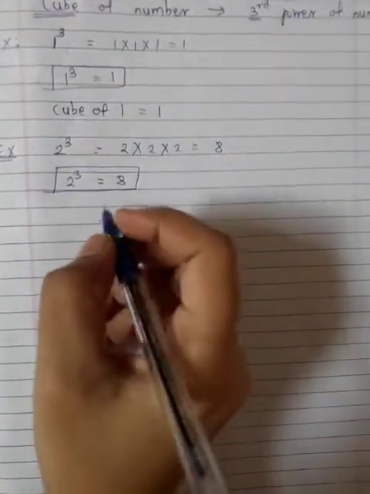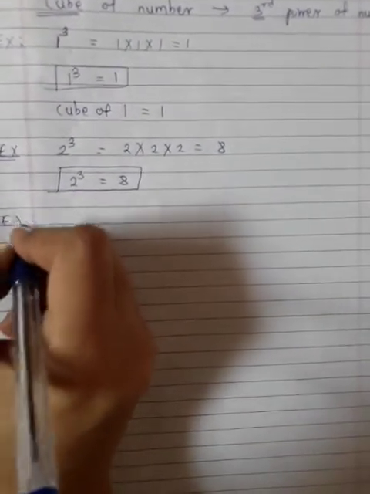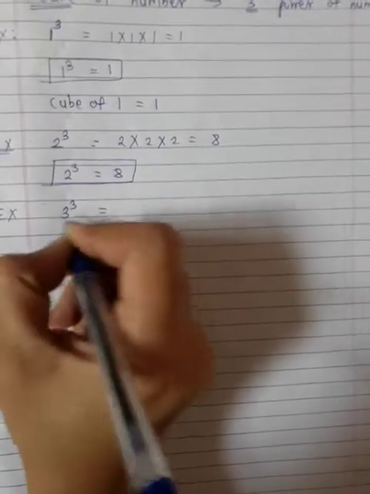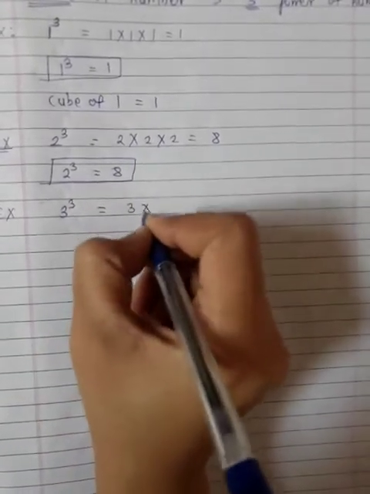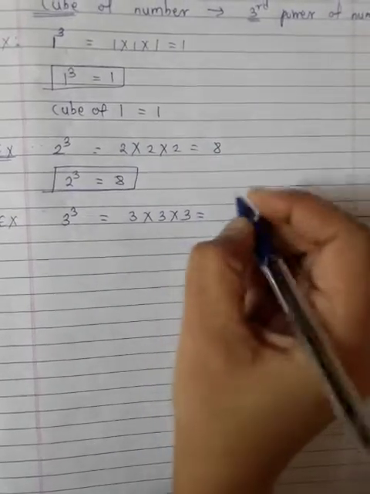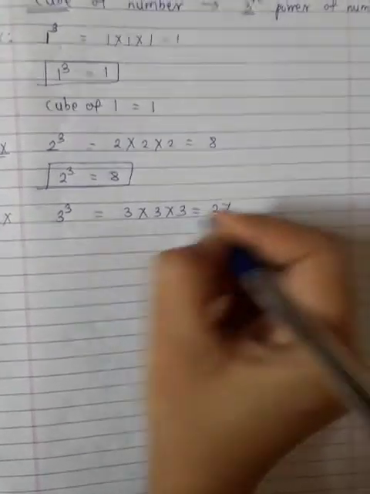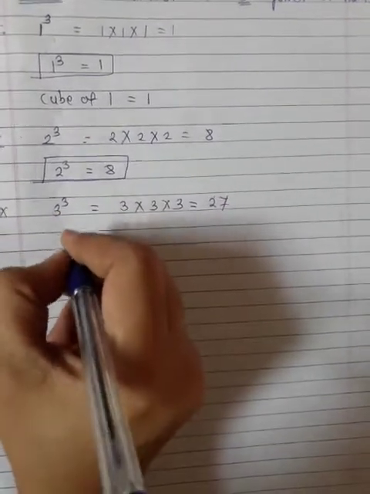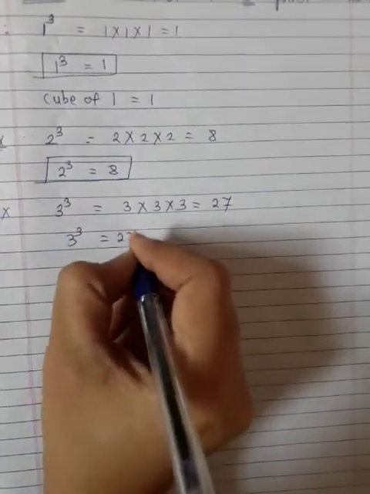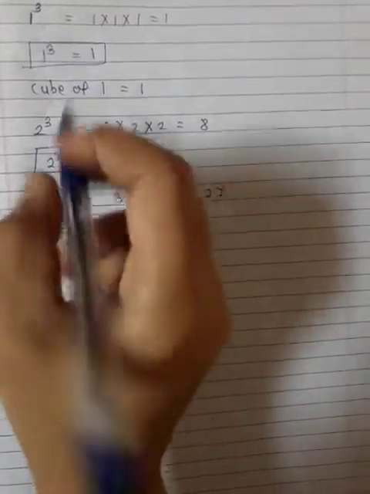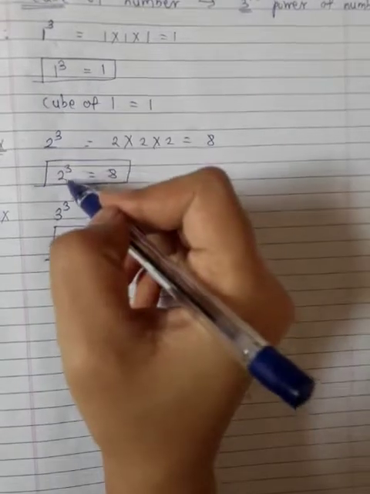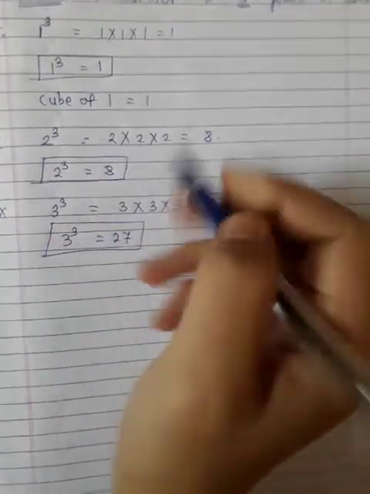Next, 3 cube means multiply 3 three times, it gives you 27. So 3 cube is 27. Here the cube of 1 is 1, cube of 2 is 8, cube of 3 is 27.